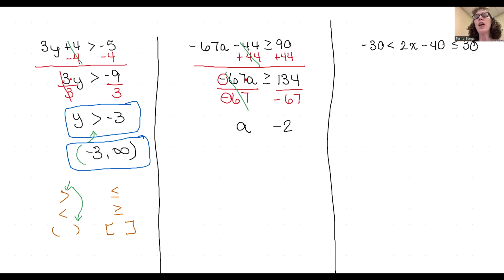Here's the reason why. If you divide by a negative, I'm going to write this down because this is huge: if you divide by a negative, we flip the sign.